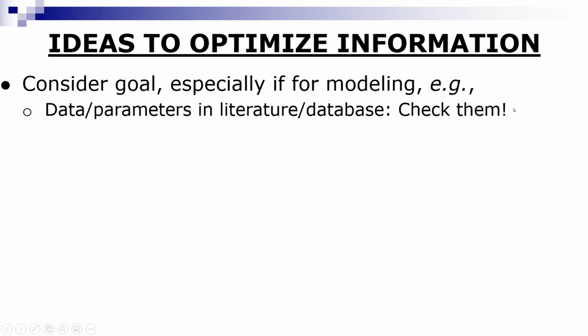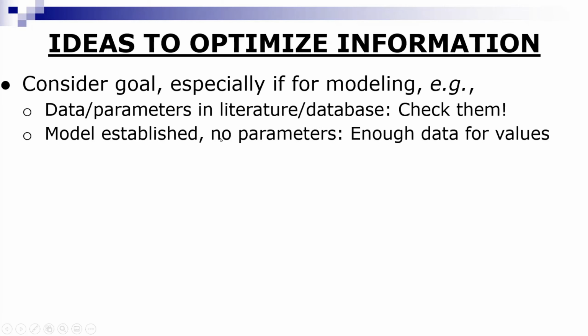So the numbers and the parameters are not always reliably communicated. But you can usually analyze whether you're getting something that's reliable or not. If the model has been established, but there aren't any parameters, you should take enough data to get values, unless you believe in estimation methods like group contributions and so forth.